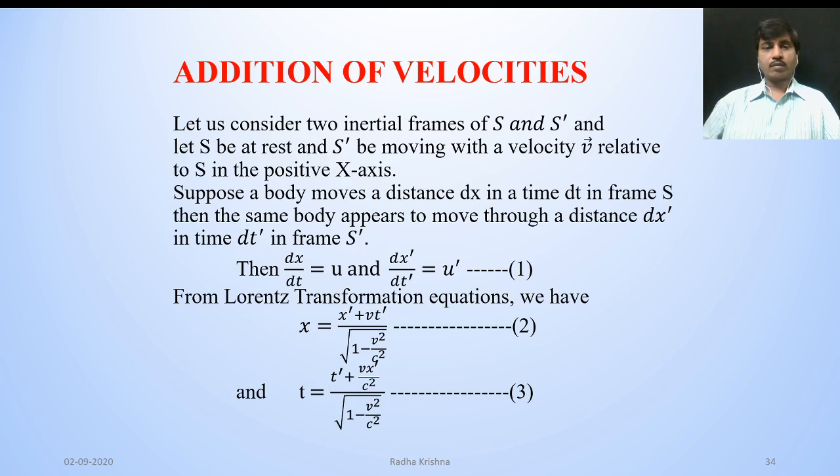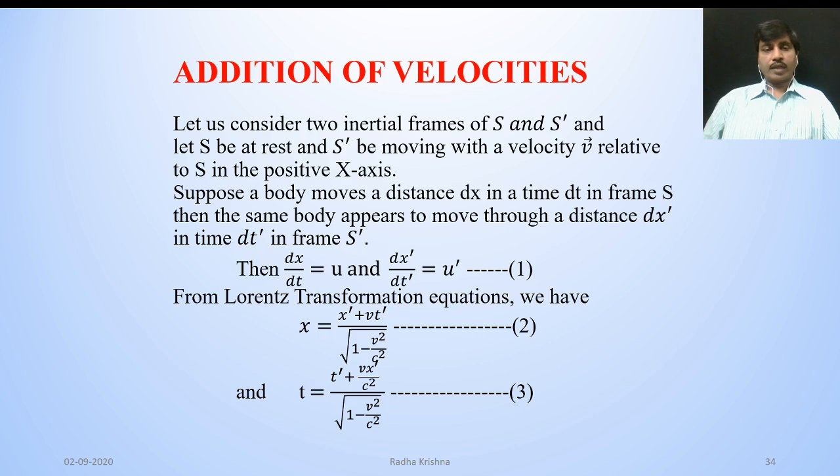Let us consider two inertial frames of reference S and S dash, and let S be at rest and S dash be moving with a velocity v relative to S in the positive x-axis. Suppose a body moves a distance dx in a time dt in frame S, then the same body appears to move through a distance dx dash in time dt dash in frame S dash due to relativity.